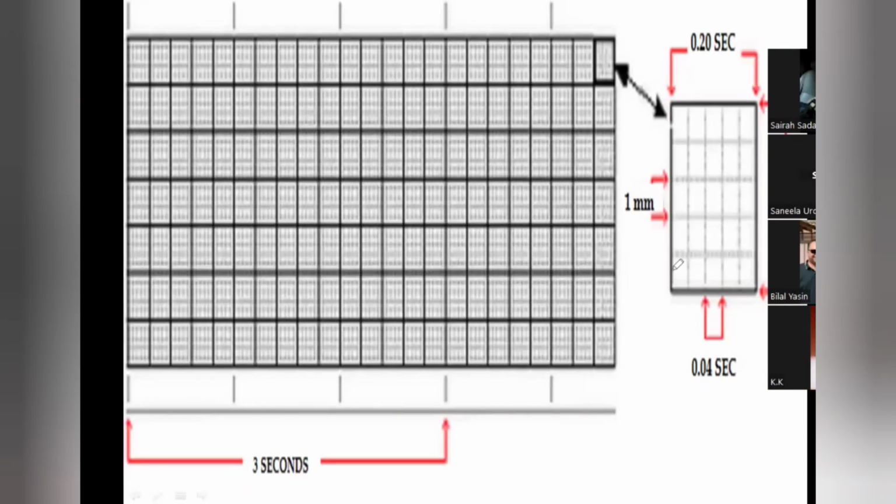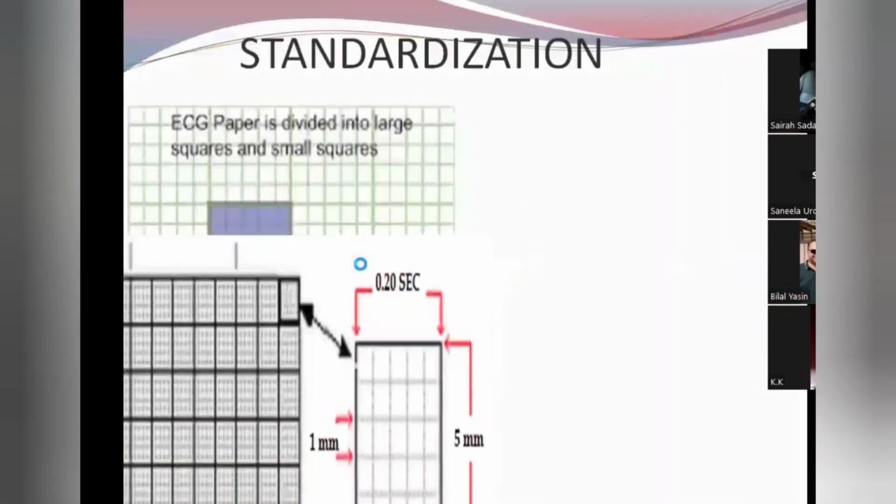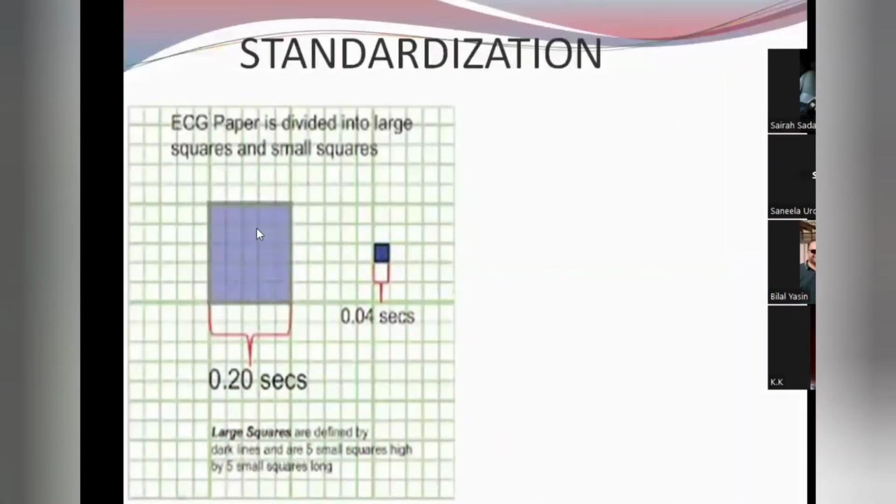If you measure it in time, then one small square is equal to 0.04 seconds. And thus, these 5 small squares, or this one large square, will be equal to 0.20 seconds.